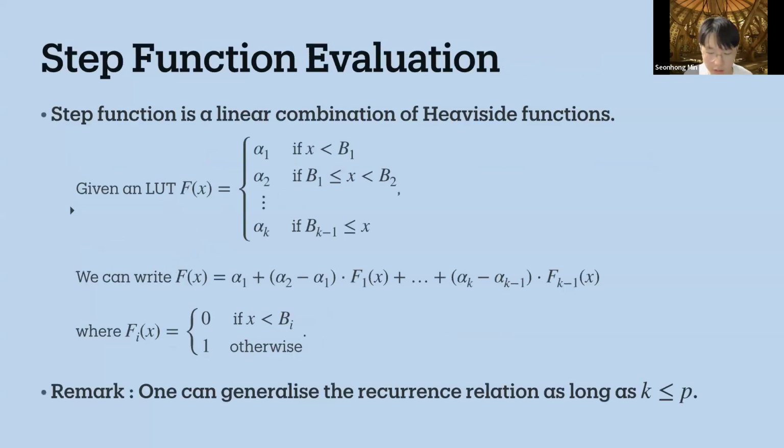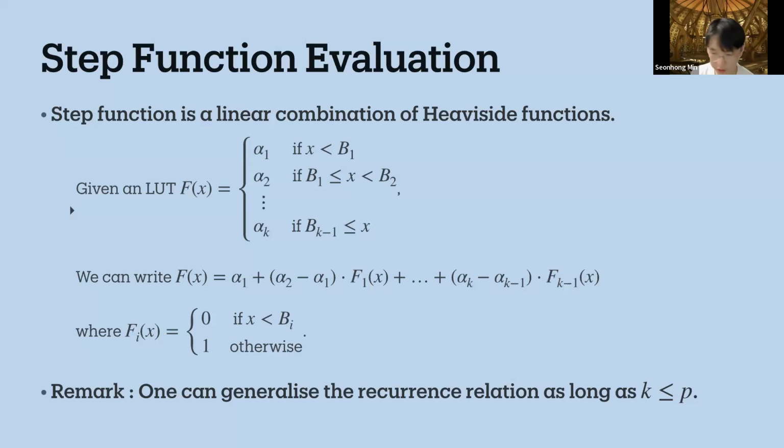And we will get into the more generalized case of step function evaluation. Basically, a step function is a linear combination of Heaviside functions. For example, suppose that we have an LUT F which has k intervals. Then it can be written as a linear combination of k minus 1 Heaviside functions.